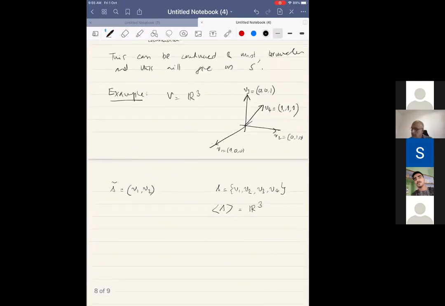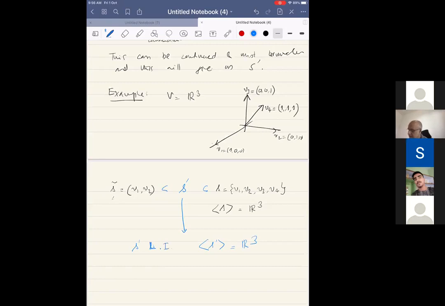Okay. Now let's come back to this example. So I have a set of 4 vectors whose span is R3, and I'm given a subset of 2 vectors V1 and V2, which is linearly independent. But the span of S tilde is not R3. So I want to put in between these two a third set, S prime, which has both properties: the span of S prime is R3, and S prime is linearly independent.